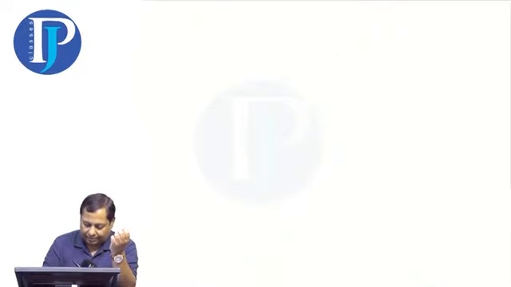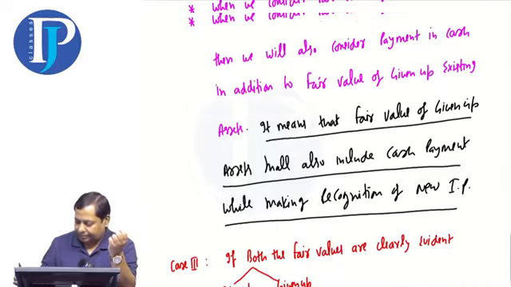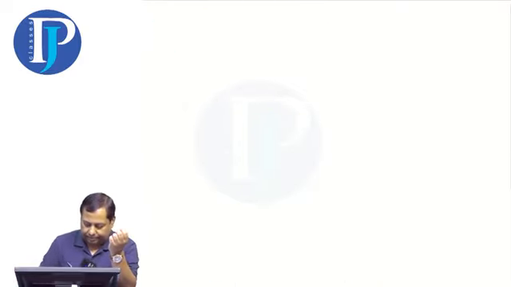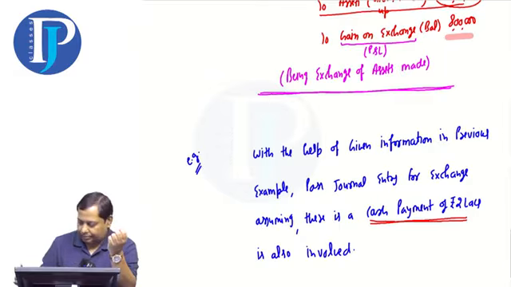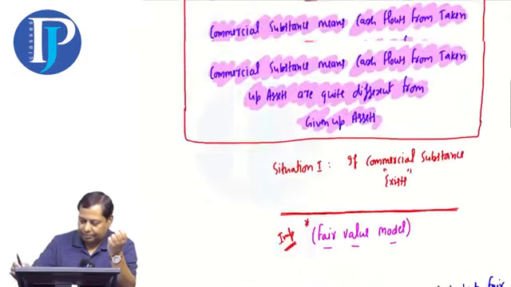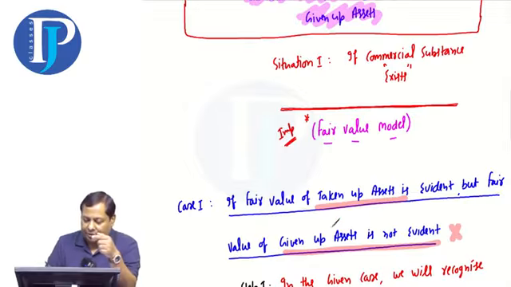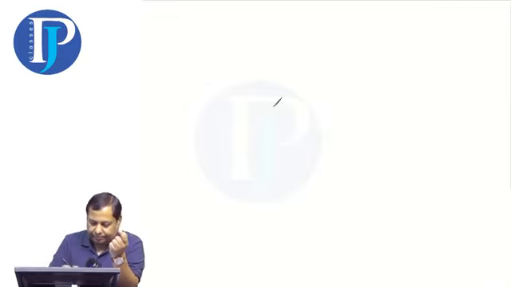Look here. We have already learned this. If a commercial substance exists, the fair value model is used. Fair value model. Now we should go to situation 2. This is situation number 2.